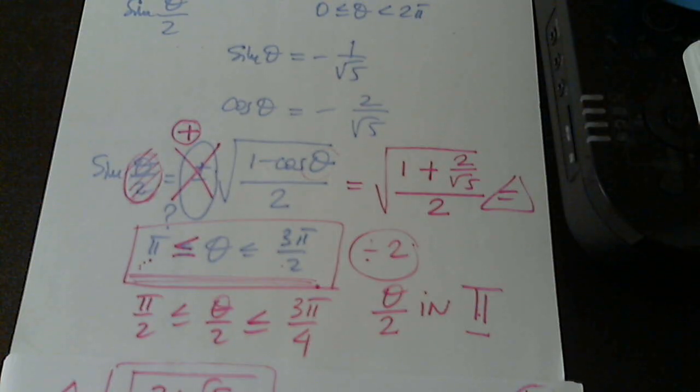You see here the formula that we discussed. Tangent alpha over 2 is sine alpha over 1 plus cosine alpha, or 1 minus cosine alpha over sine alpha. The same thing, but without the plus or minus and the square root. We're going to work on these formulas, look at some identities, and solve some equations.